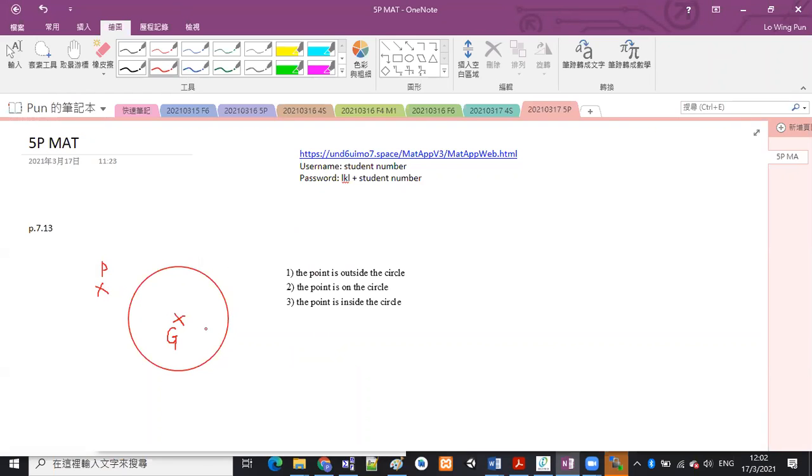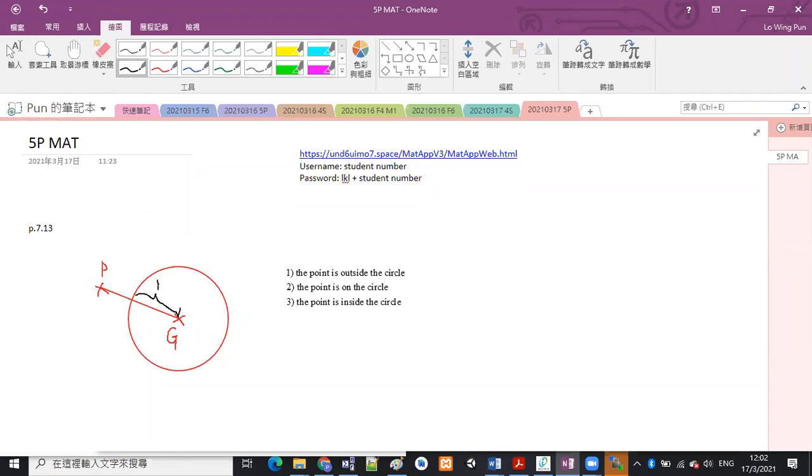The distance between P and G will be larger than the radius of the circle. Can you see this? The length of PG will be larger than the radius of the circle, because the radius of the circle is just this part, right?